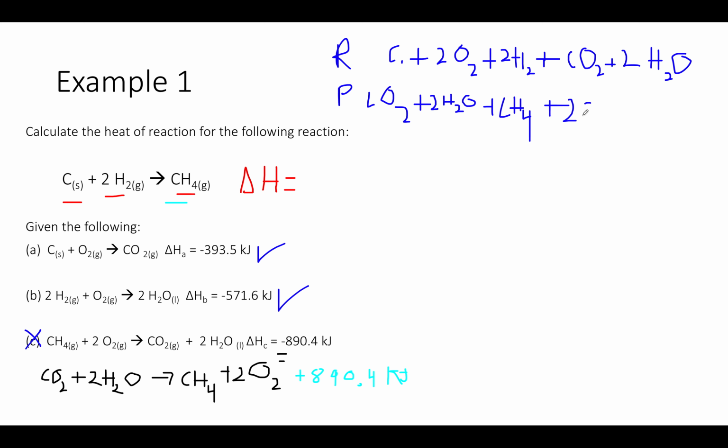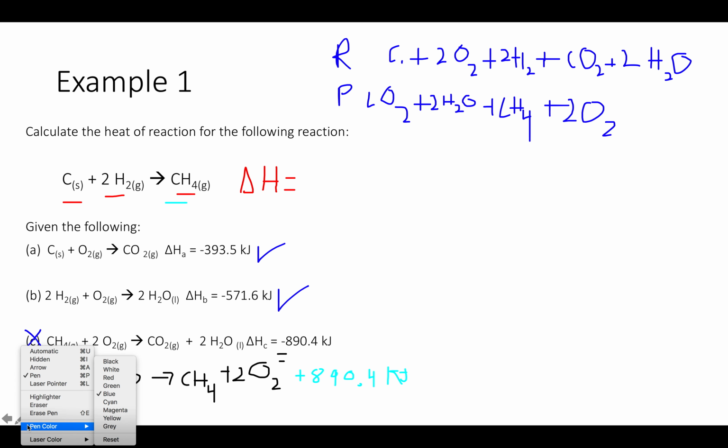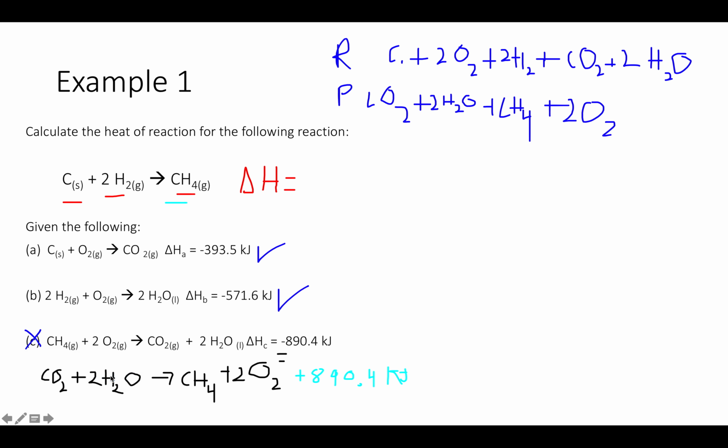Now if we did this correctly, we should get some spectators, things that cancel out. So let's take a look. Here I have 1 mole of carbon dioxide. Here I have 1 mole in the products and reactants, so that can cancel. I have 2 moles of water here and 2 moles of water here, so that can cancel as well. And what else? Okay, I have 2 moles of oxygen gas in the reactants and 2 moles of oxygen gas in the products. So what am I left with?